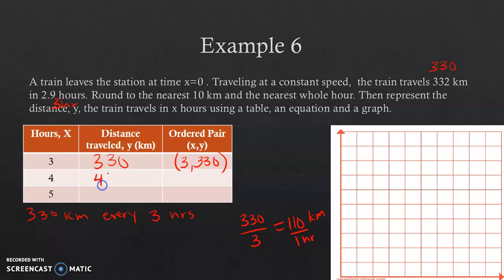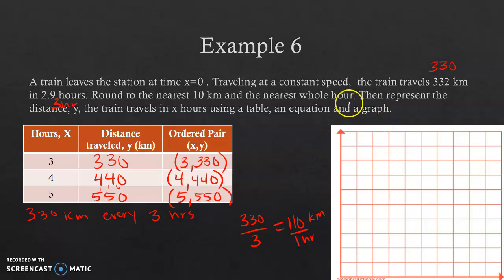So that would be 440. And so then my next point is going to be 4, 440. And then for 5, I add another 110, which will make this 550. So my other point here is 5, 550. So I filled out the table.